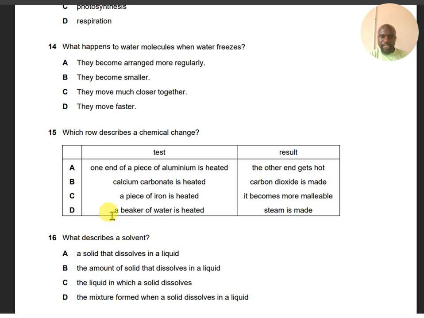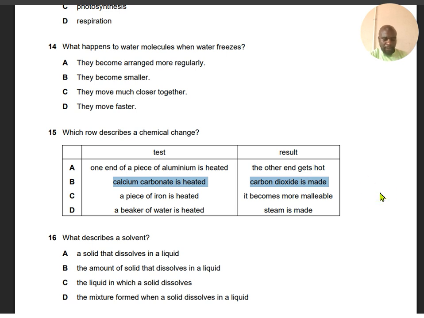No, there's no chemical change there. A beaker of water is heated, steam is made. There's no chemical change there because this one is reversible. It can condense and form water again. So the correct answer is calcium carbonate heated and carbon dioxide made. There is a chemical change in this case.